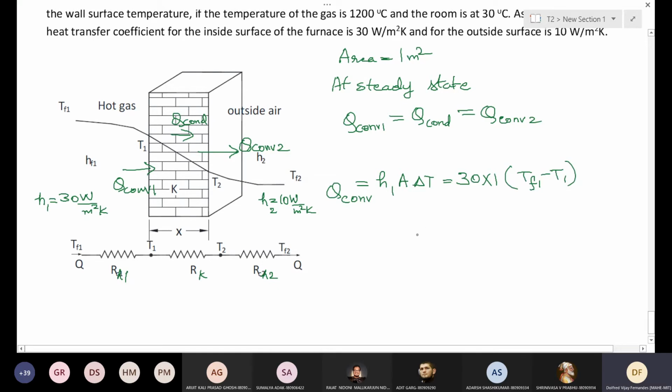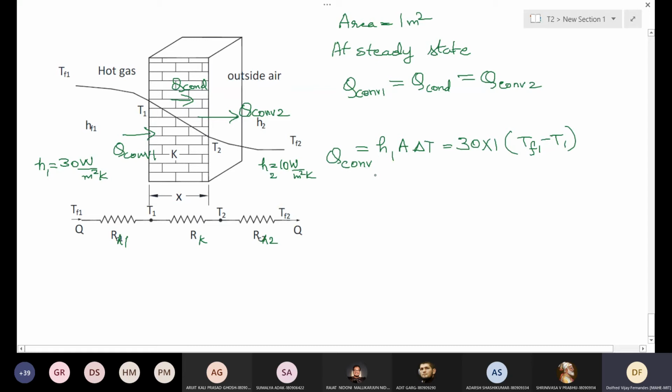Right? Okay, can you write now Q conduction? This is Q convection 1. What is Q conduction through the wall? So thickness of the wall you can take instead of X. If you're confused, you can use L only, no problem. What is the formula?